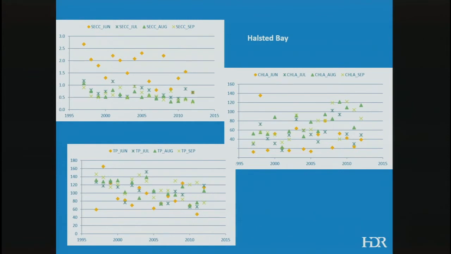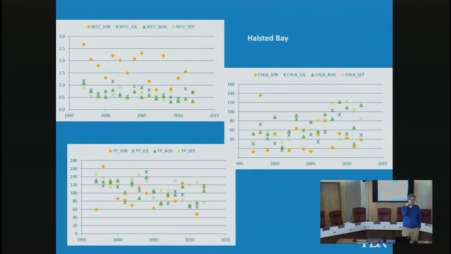Well, the data tells you, is it really changing a lot? If it's not changing much, then there's certainly a possibility that you can reduce the sampling intensity.